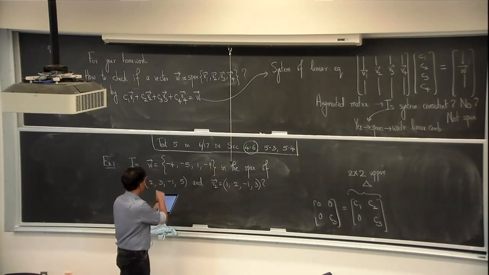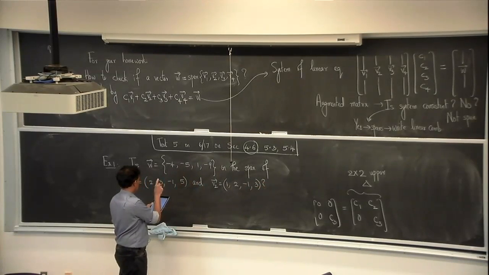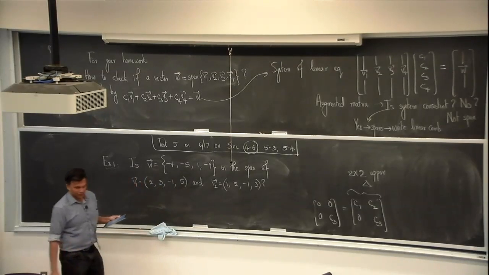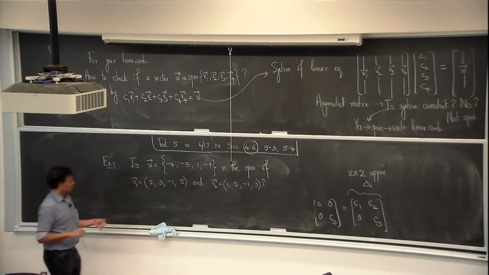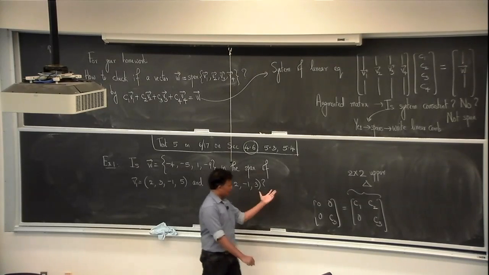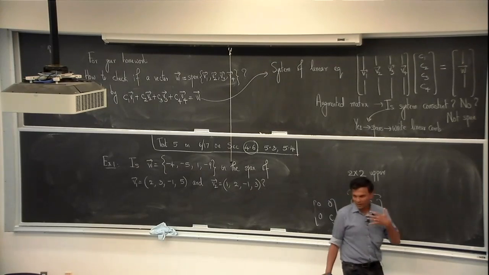The reason I'm being ultra careful in copying is to make sure that the calculations don't get ugly. So it's a standard question. In another example you could have a vector V3 and V4, but the concept is the same.